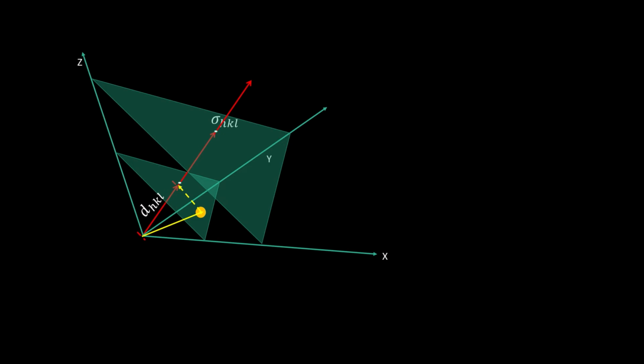Now consider any point on a plane from this family, either on the first plane or on the second plane in this example, with position vector r from the origin. Let's assume that we have taken a point on the second plane, and the projection of this position vector onto σ_hkl is shown as d'_hkl here.